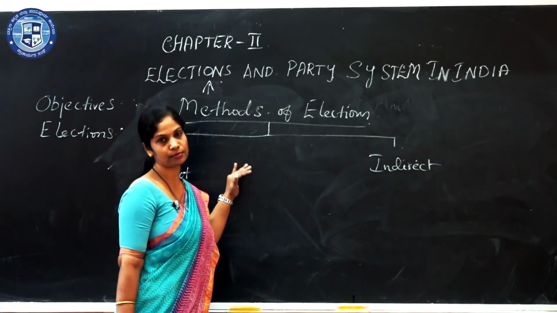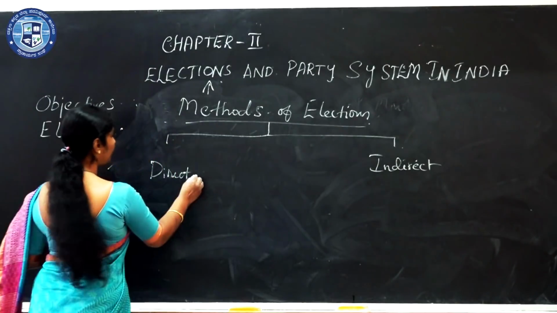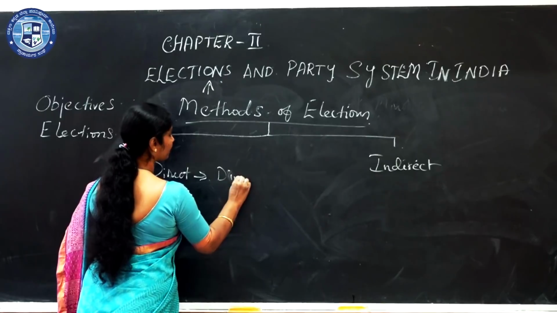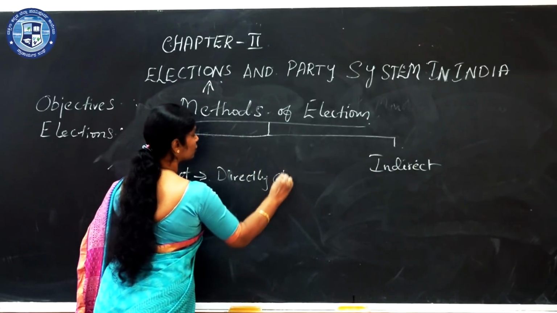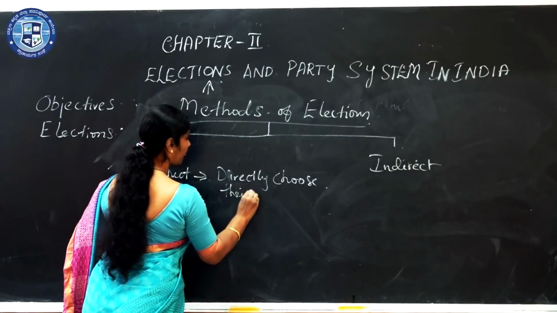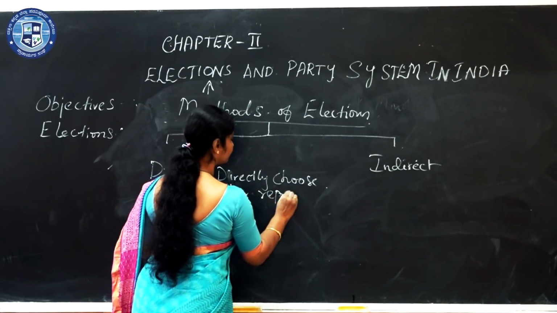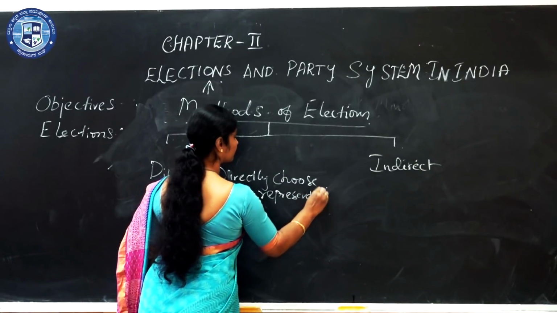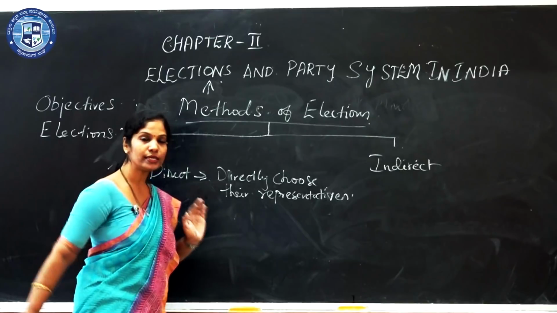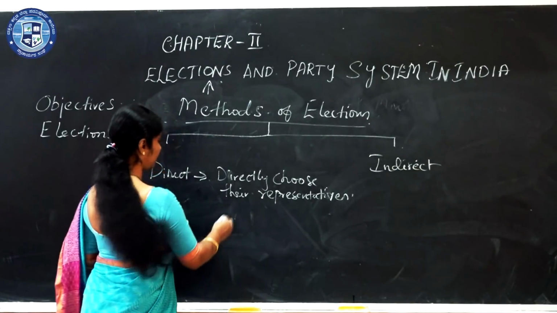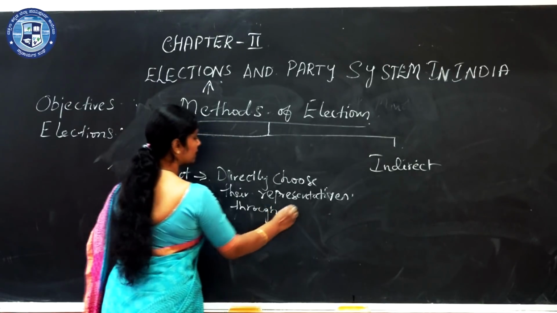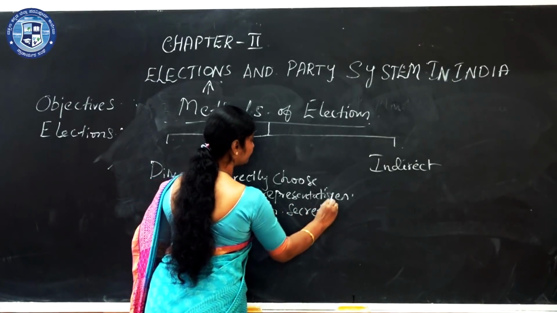Under the system of direct election, people directly choose their representatives through the secret ballot.